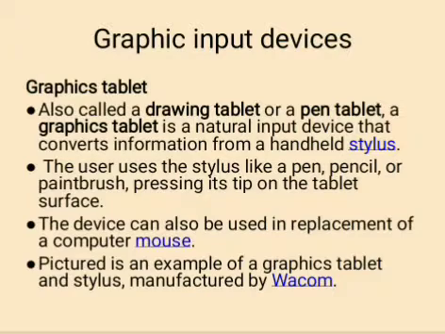The user uses the stylus like a pen, pencil or paintbrush, pressing its tip on the tablet surface. This device can also be used as a replacement for a computer mouse.